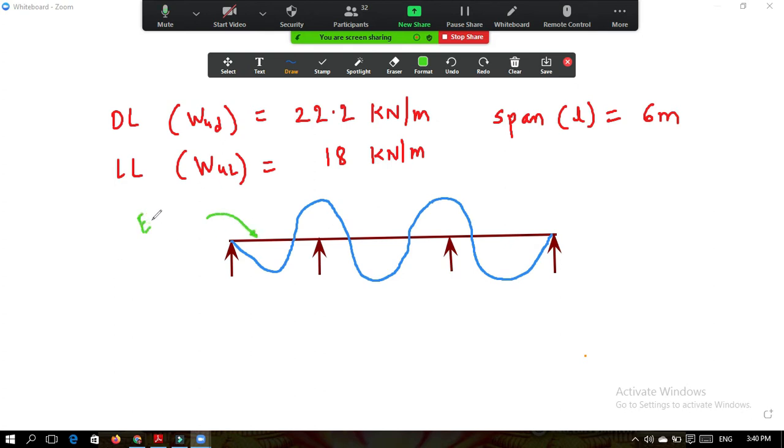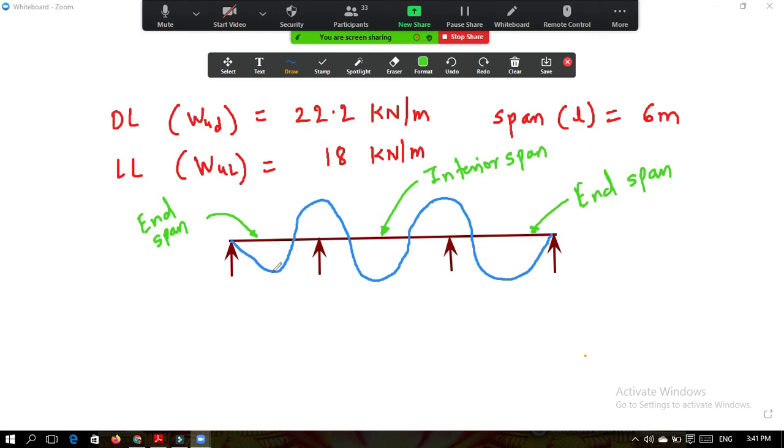This is also called as end span. And the remaining span is the interior span. Okay. All the three spans are having the length of 6 meter.